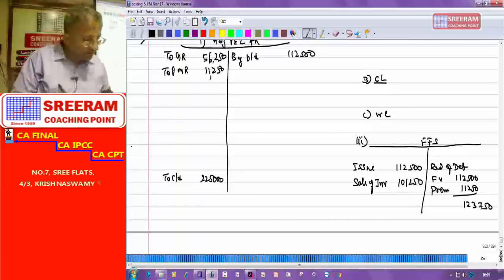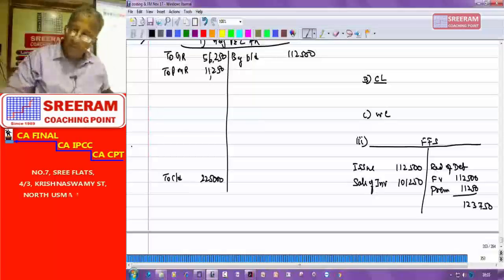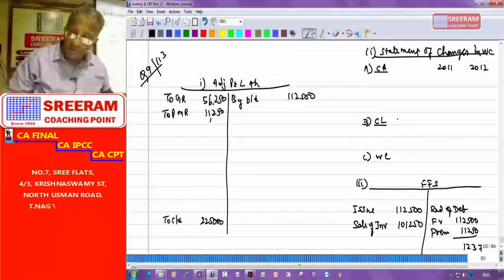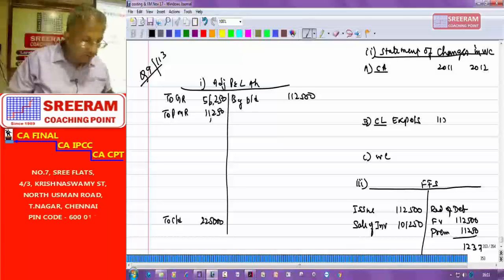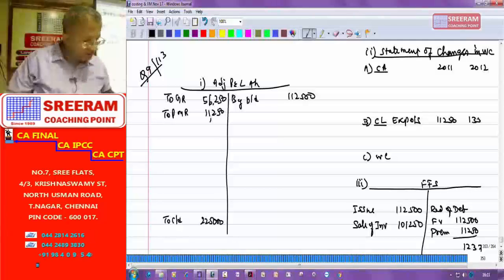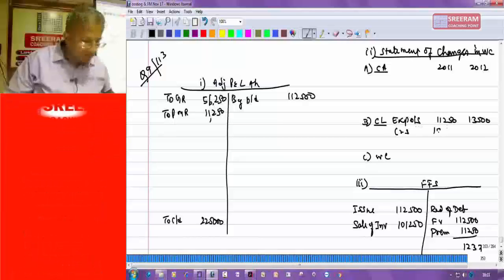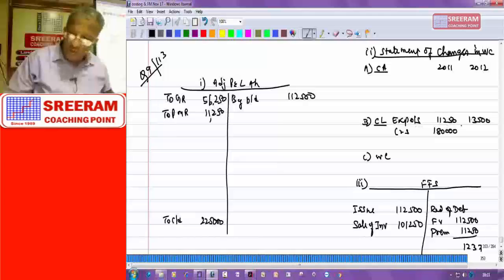Then accrued expenses, outstanding 11,250 and 13,500. Then creditors 1,80,000 and 2,81,250.